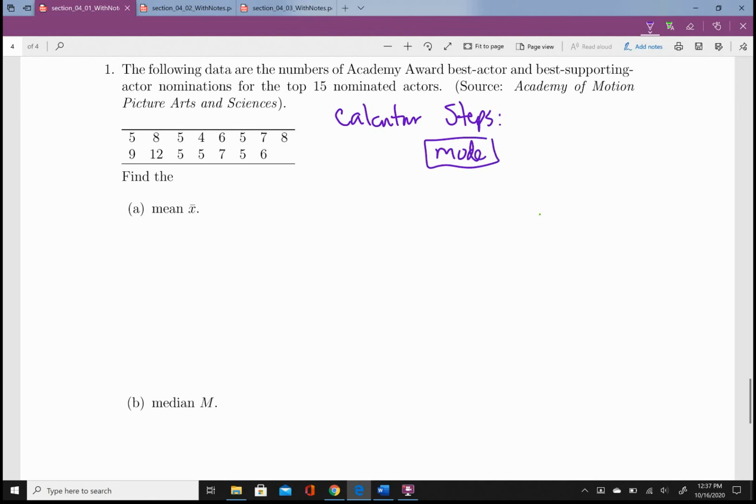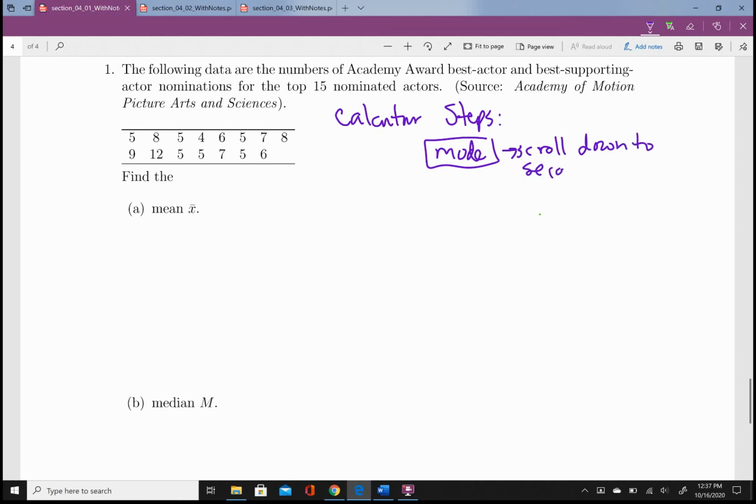It's a button, probably close to the top of the collection of buttons on your calculator, and you want to scroll down to the second page of options.